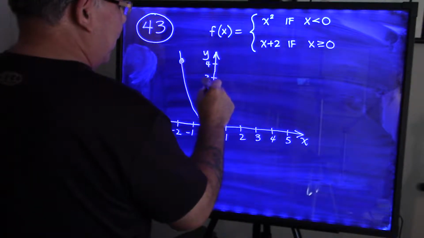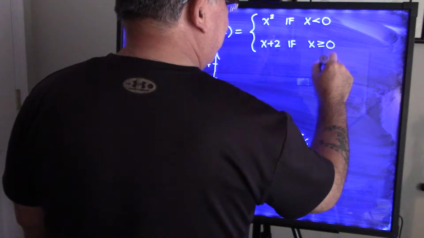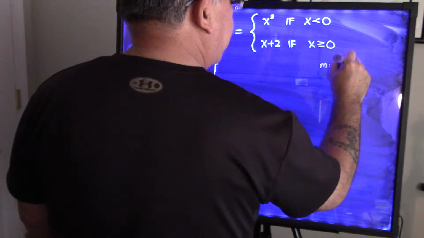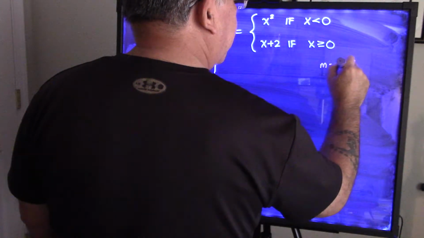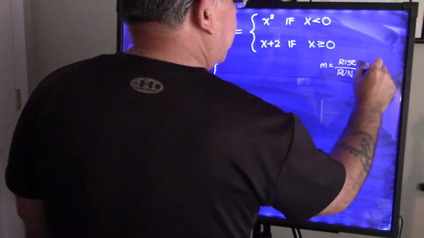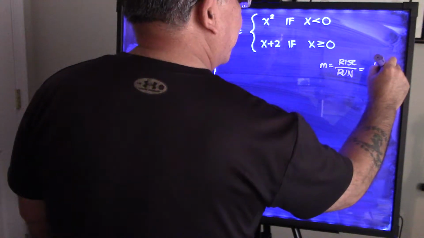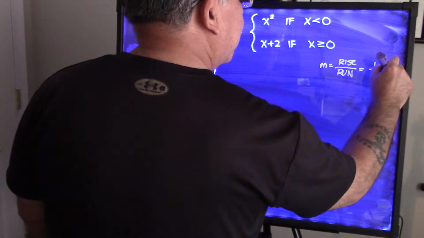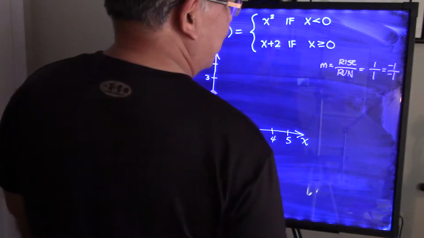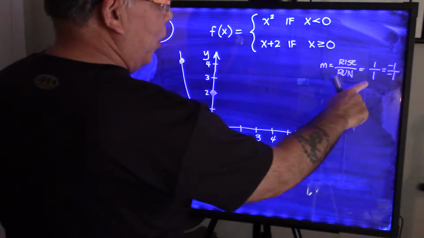The slope is 1, which means rise over run. One over 1. Or you could write that as negative 1 over negative 1 if you wish. But in this case, it doesn't really help us to do it that way. I'll show you why in a second. So we use 1 over 1.